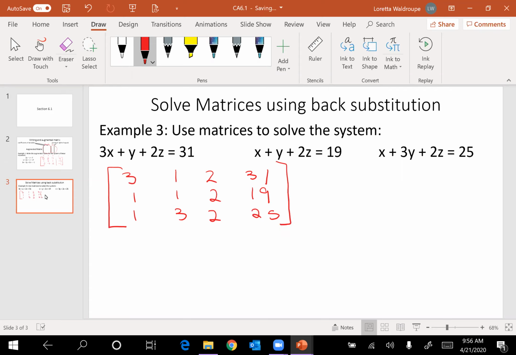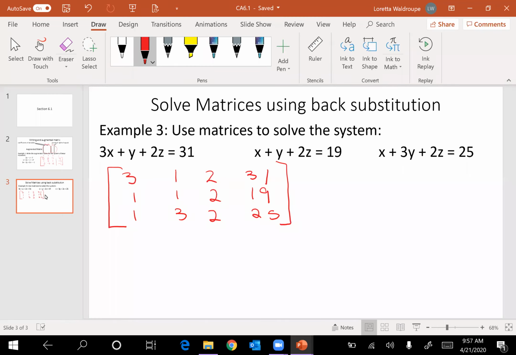There's two methods you can use. You can do Gauss-Jordan elimination, or you can do back substitution, and then later in this chapter we'll learn Cramer's. I'm just going to show you back substitution right now.